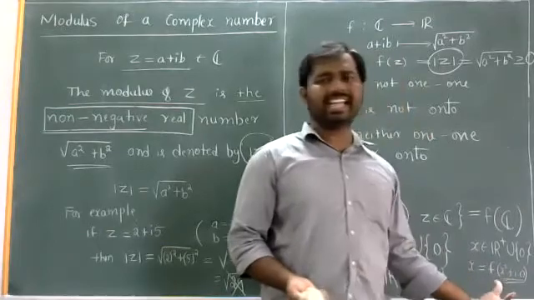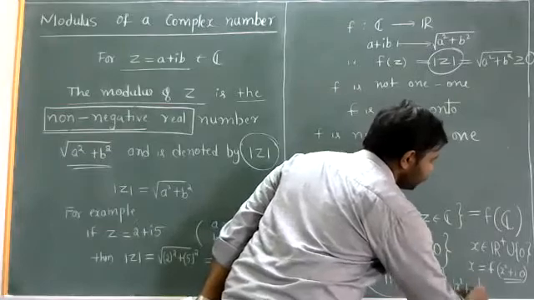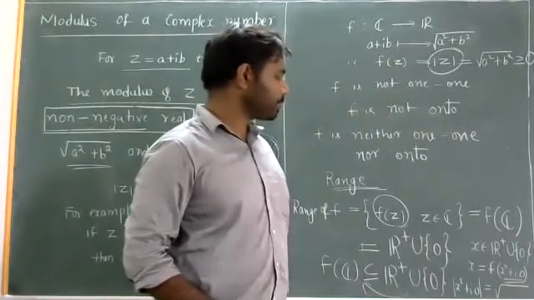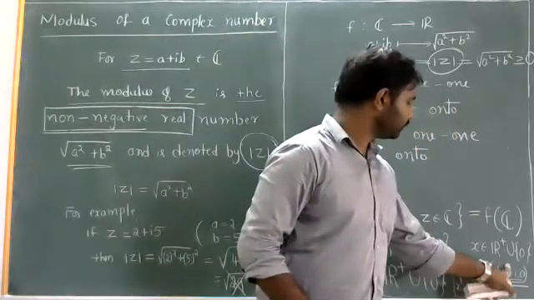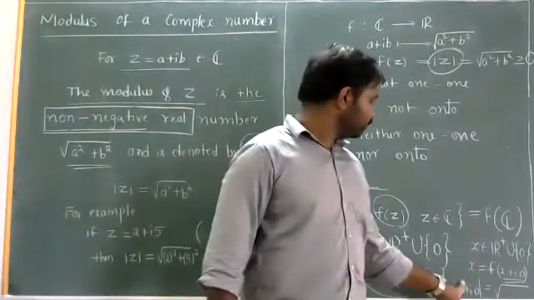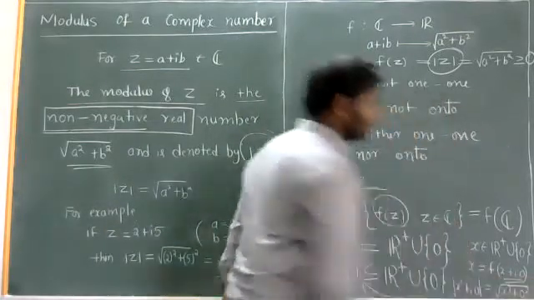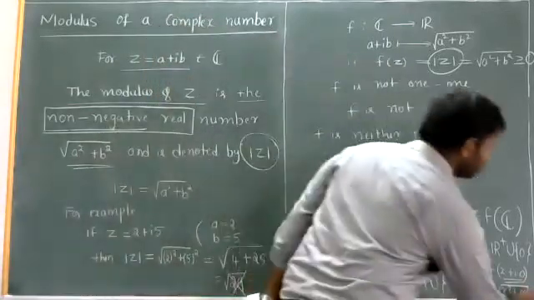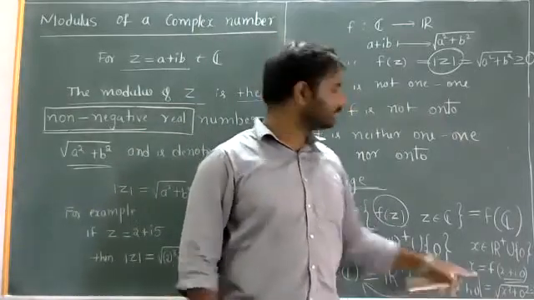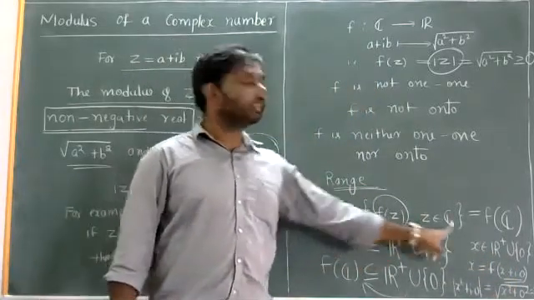That's it. And what is its image? Image will be the modulus of that complex number. So if I take x plus i0, the modulus of this complex number is the square root of x square plus 0 square. The square root of x square is x. Hence, every non-negative real number is an image of some complex number.